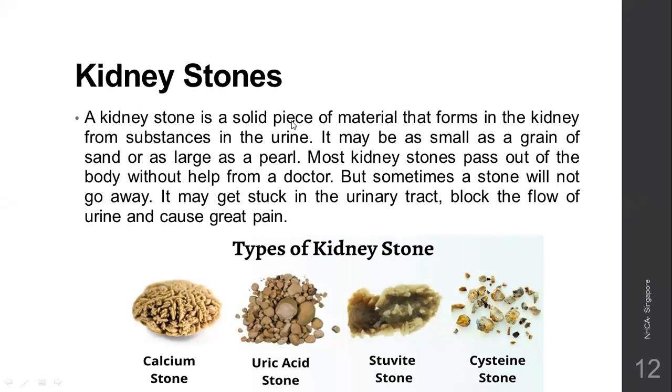When bacteria stay in your kidney, or even in your urinary system, for a long time, they produce a lot of ammonia, and this ammonia can deposit and form struvite stones. Specifically, when the body pH is more alkaline, basic, struvite stones can be made. When the body's pH is more acidic, uric acid stones are formed.